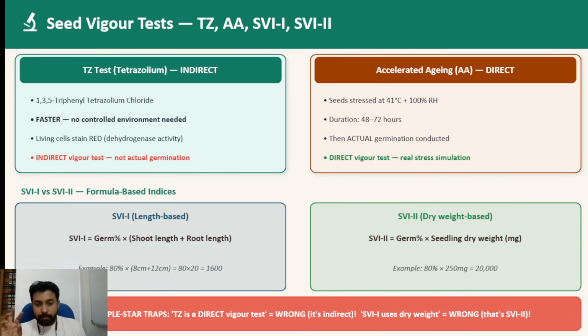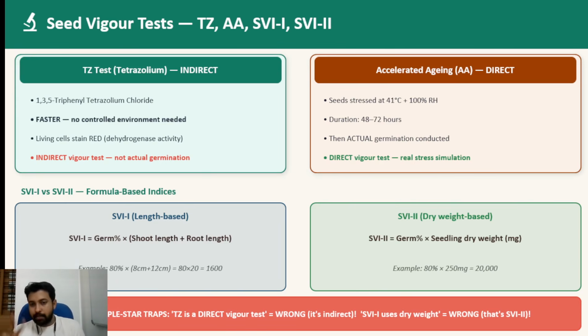In questions, SVI1 will be given the details of SVI2 and SVI2 will be given the details of SVI1. Similar confusing statements come. For example, if a statement says SVI1 is based on the direct weighing method, or based on seed weight, that is wrong. So you should be very clear.